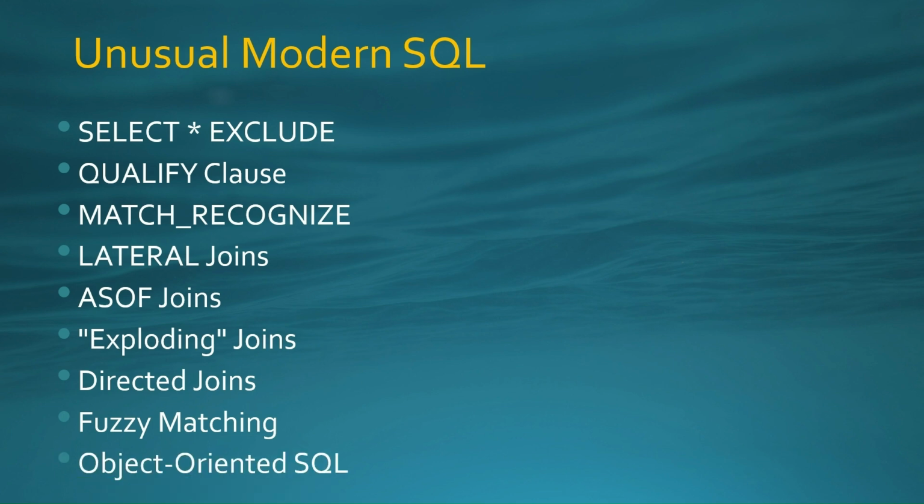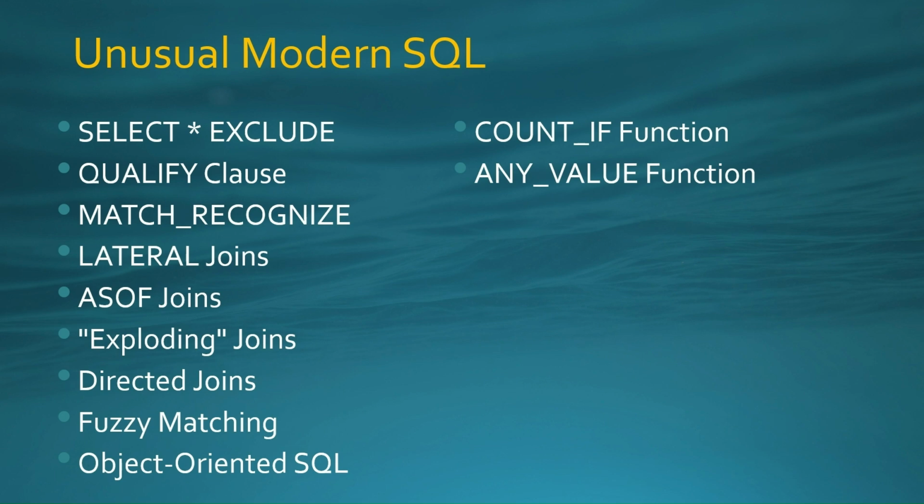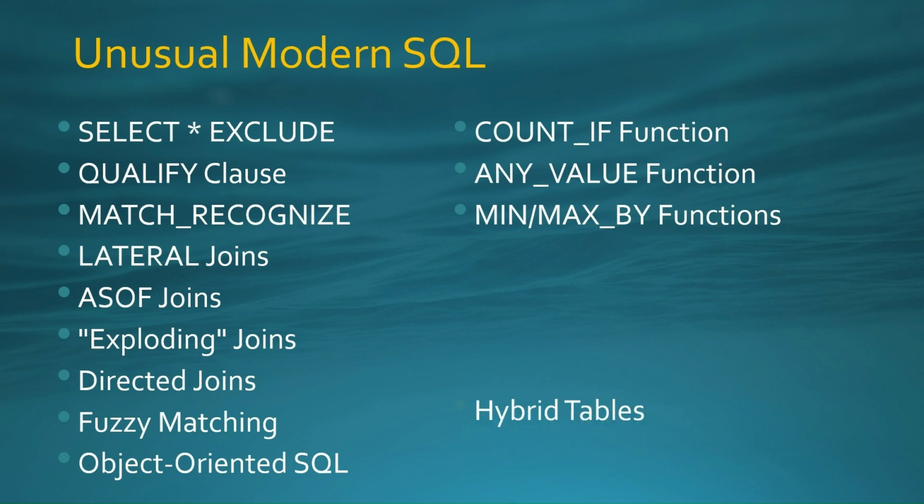Object oriented SQL: they introduced in Snowflake classes with class instances with instance methods. Count if function. This solves the problem of counting by sum. Any value function. Once again, that's related to aggregation. Min max by function, very powerful constructs.